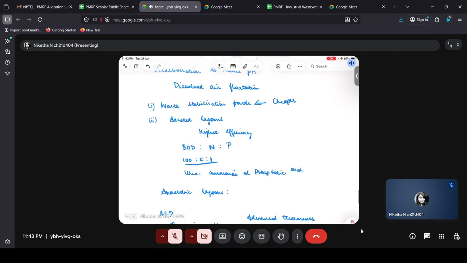It also ensures a minimum of 85% BOD removal. So that's the advantage of having a waste stabilization pond.